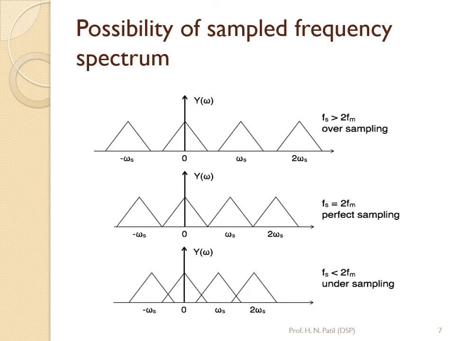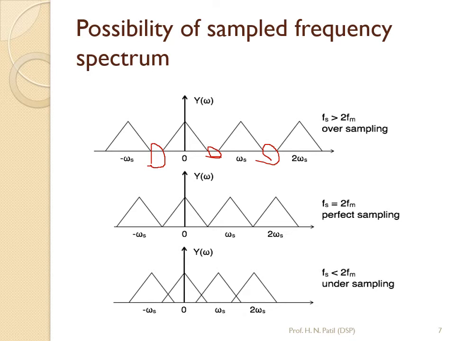In case fs is greater than twice fm, we get sampled signals apart from each other. That means they are creating a hollow space between the two frequency spectrums, and that can be called images or the guard band. Because of this, all the frequency spectrums get separated from each other and they can be recovered very well in the time domain.